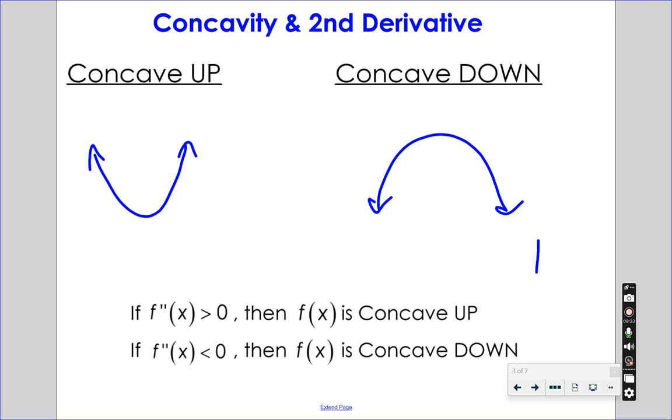I'm going to draw this little y equals x cubed here to show you guys also. So y equals x cubed is a great example of, it's increasing the whole time. We know something is happening there at x equals 0. It changes from concave down to concave up. So you guys are going to be given a function and you've got to find where that point is and give the intervals.